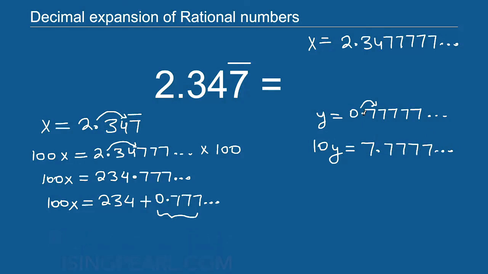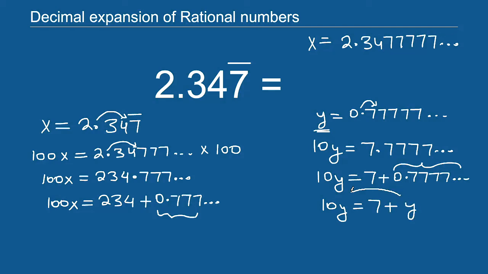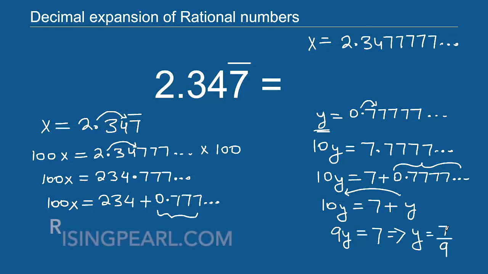Or we can write it as 10y equals 7 plus 0.7777 dot dot dot. Now this is nothing but the number y, right? So we can write this as 10y equals 7 plus y. So we move the y to this side, and we get 9y equals 7. Dividing both sides by 9, we get y equals 7 over 9.